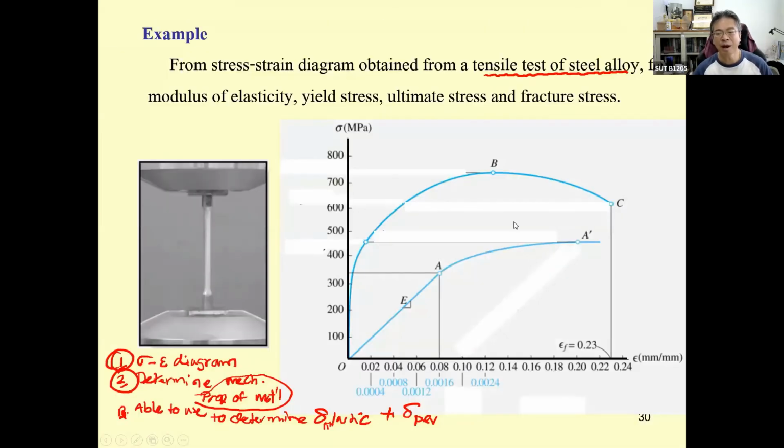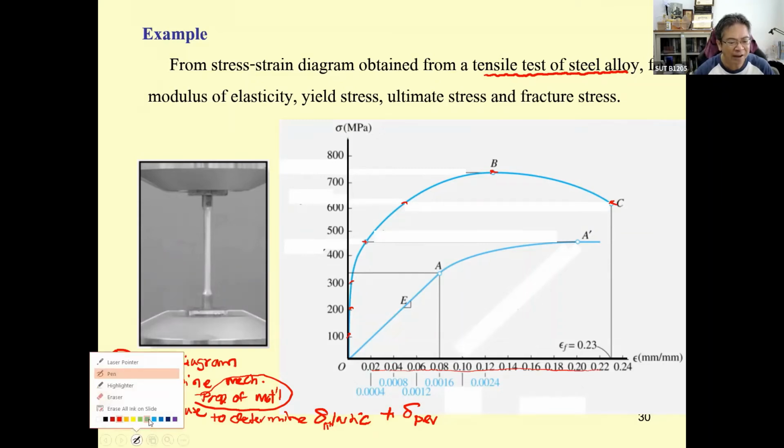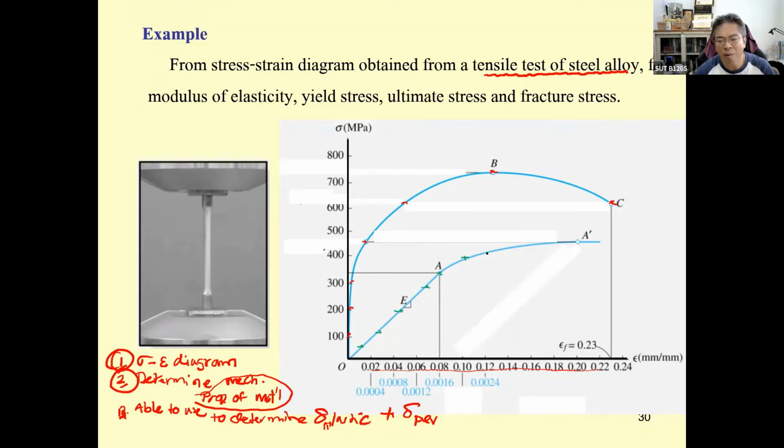From this one, you may notice in the stress strain diagram there are two scales: one on a large scale on the top, and another one is the fine scale, which is on the one below it, using the horizontal scale for the fine scale here.